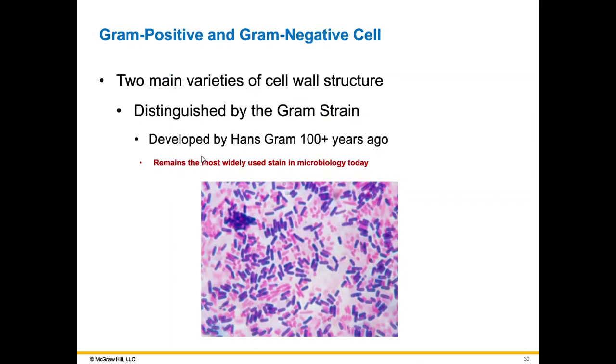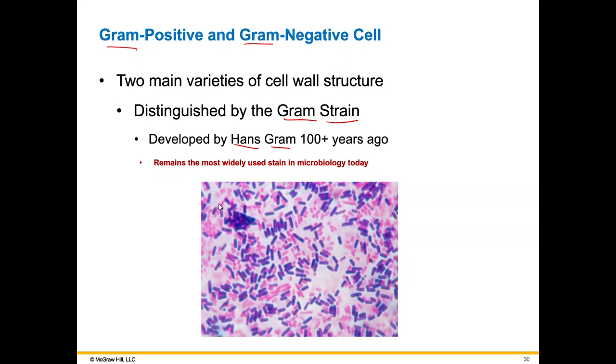So we've been talking about gram-positive and negative throughout this, and I'm sure you're wondering, what does that mean? So now we're going to talk about it, now that you know the varieties of cell structure within the wall. There's two main varieties of cell structure, and they are distinguished by the gram stain, hence the name gram-negative, gram-positive. This was a staining method that was developed by a man named Hans Gram over 100 years ago.